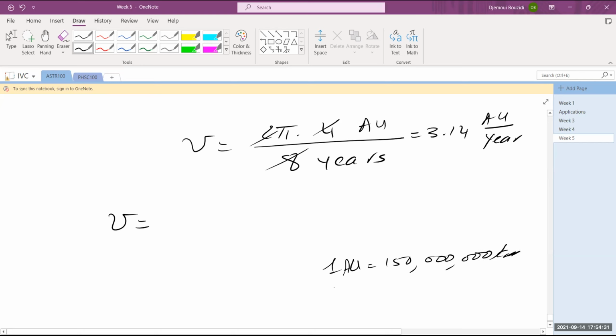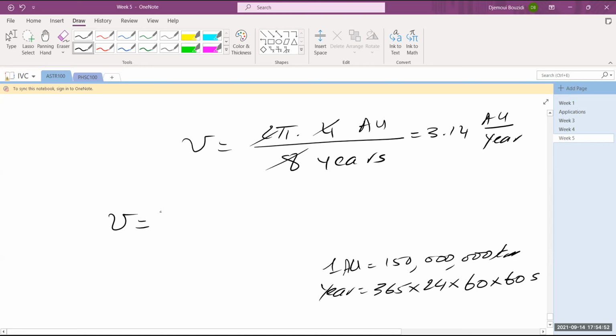This was part of the first quiz that you guys just finished. 1 year is 365 days, and a day is 24 hours, and an hour is 60 minutes, and a minute is 60 seconds. So this is how many seconds are in a year.